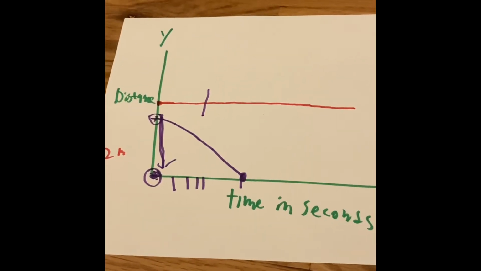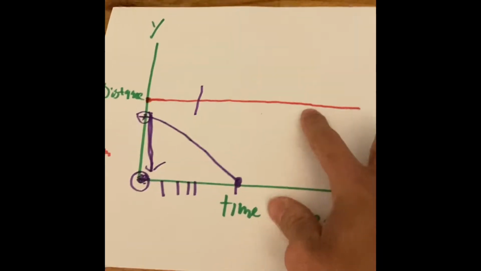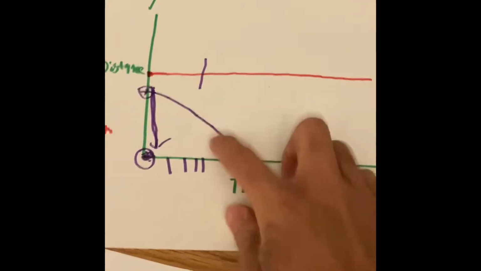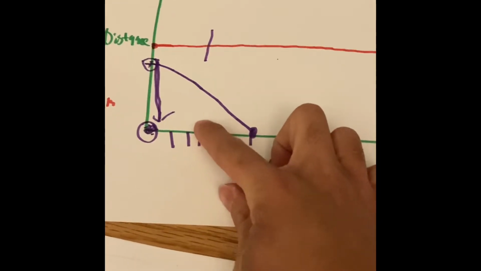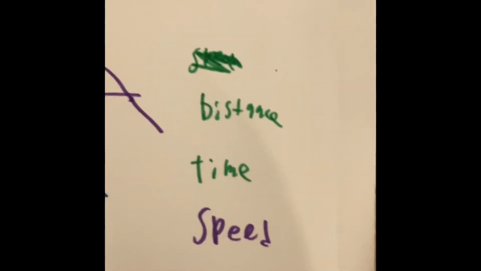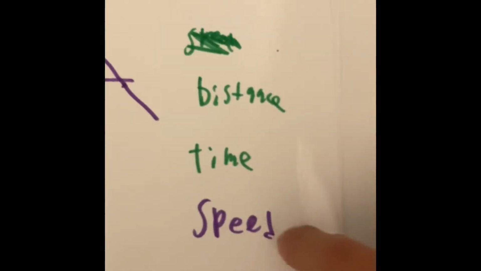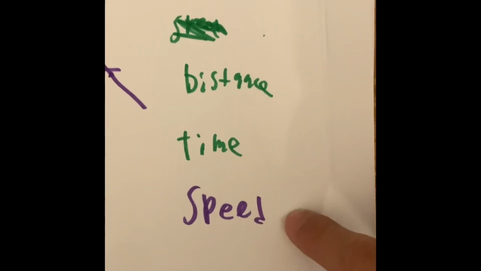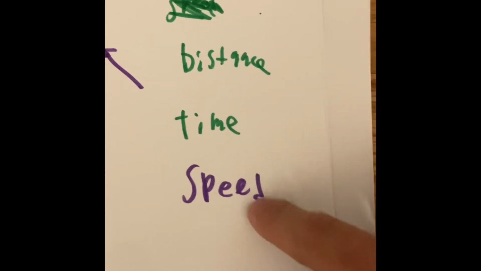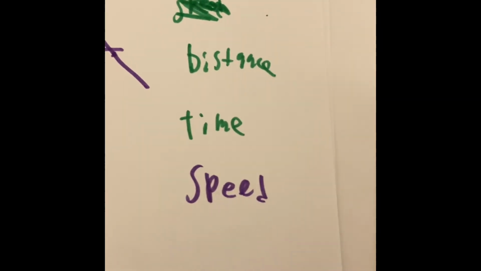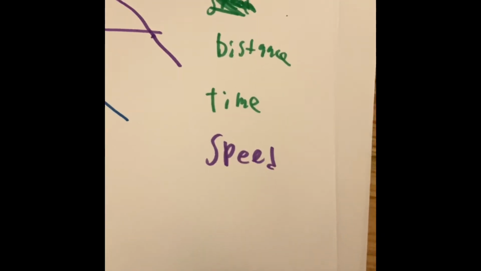So these are examples of what a slope or a line on a graph would look like when you make these actions. But what happens if we walk or run with different speeds? What happens if we speed up or slow down? So, here's an example.